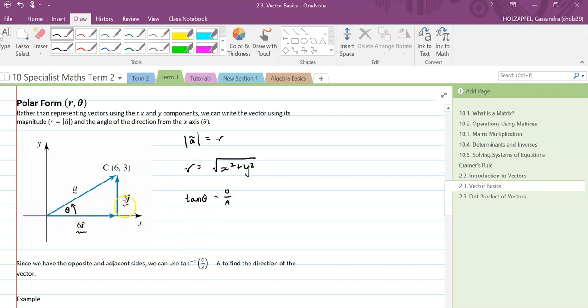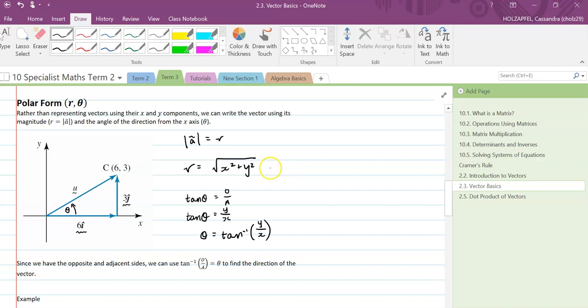So my opposite side is going to be equal to this vertical component, the y component. So we can write tan of our angle is going to be equal to y over our adjacent side, and that's going to be equivalent to our horizontal component x. So if we wanted to find the angle, it is going to be equal to the inverse of tan of y over x.